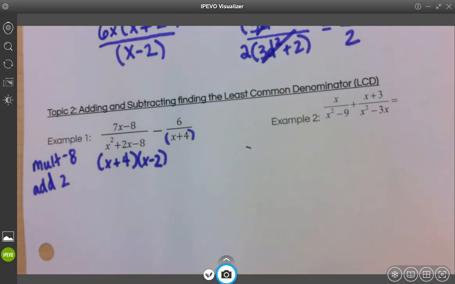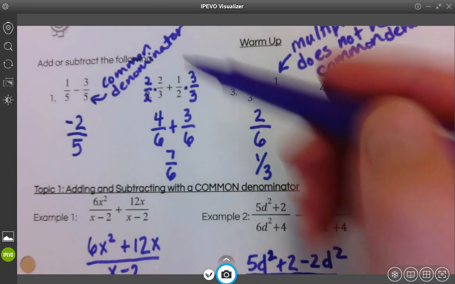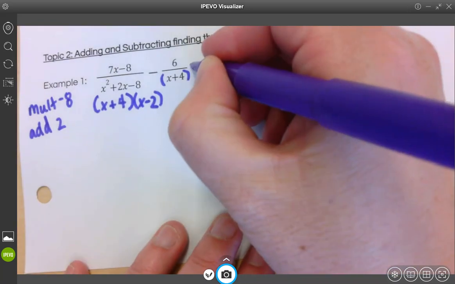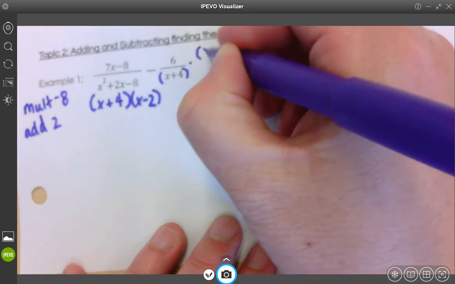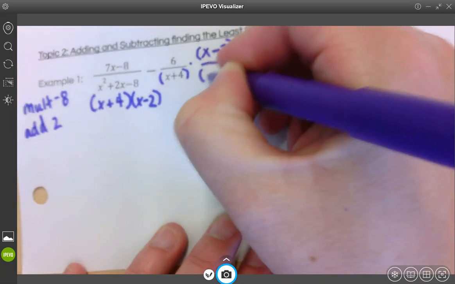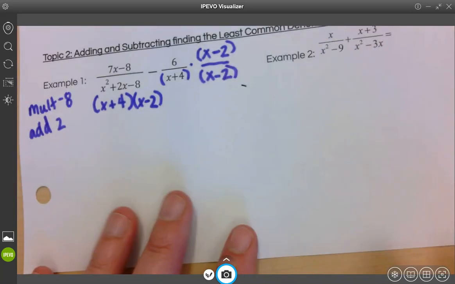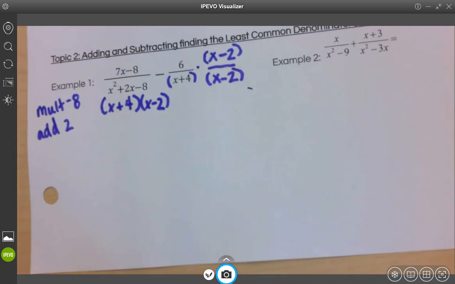So just like over here when we multiplied by 3/3, we're going to multiply this fraction by x minus 2 over x minus 2. And we're allowed to do that because x minus 2 over x minus 2 is just 1. Anything divided by itself is 1. So you are allowed to multiply by that fraction.